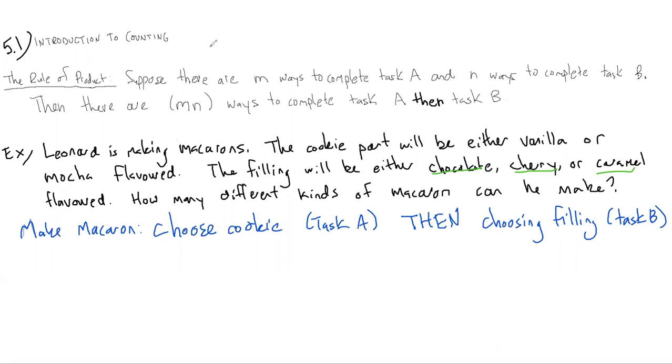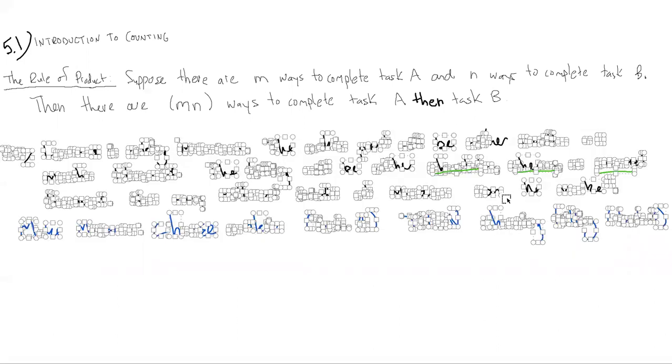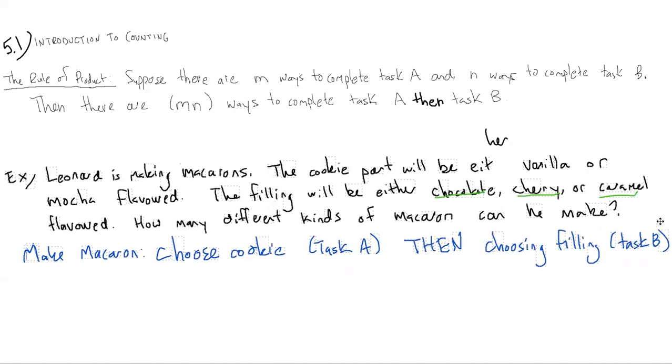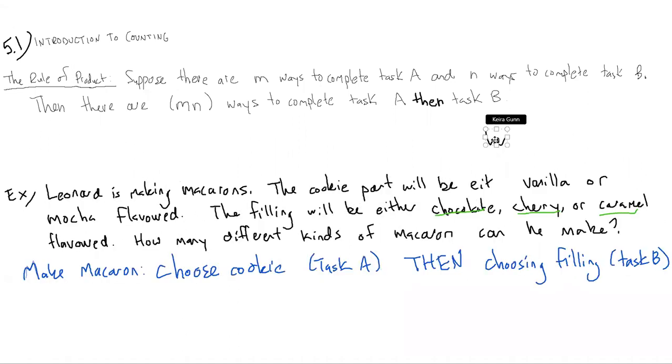So again, for this, there's a small little requirement that we do need to think of in this situation. The choice of task B should not matter what task A was. So I'm going to just go and add that to the description above.